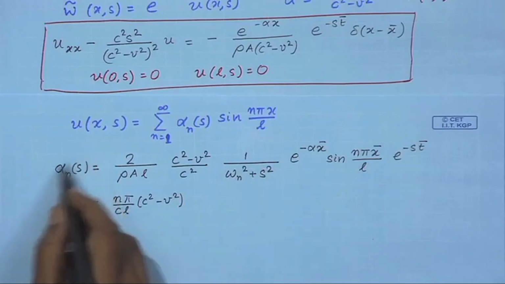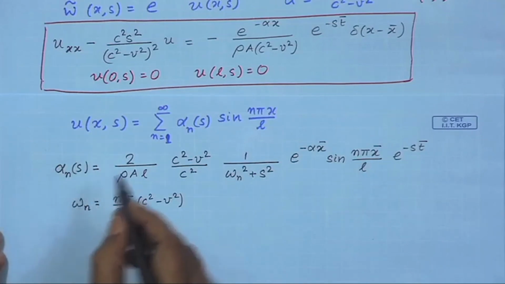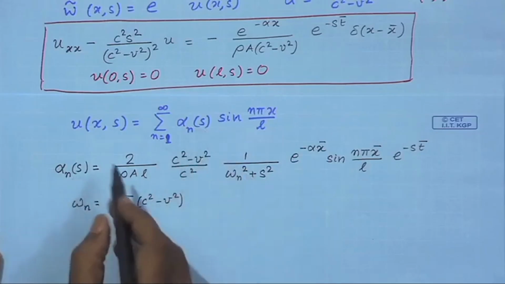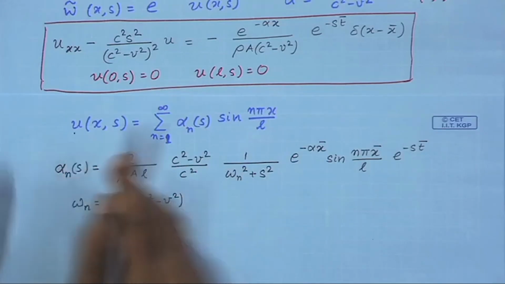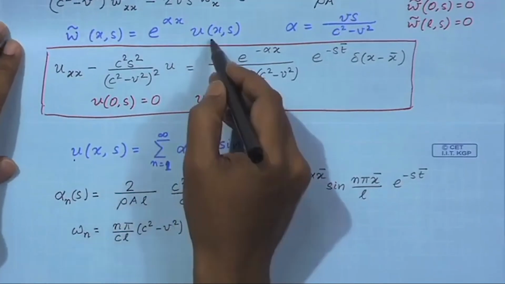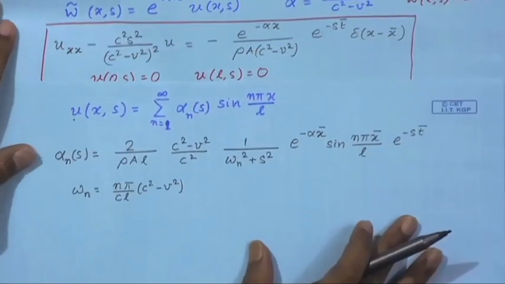So, once you have this alpha n, you can substitute back here and you have u. If you have u, then you can substitute that expansion here to get w.